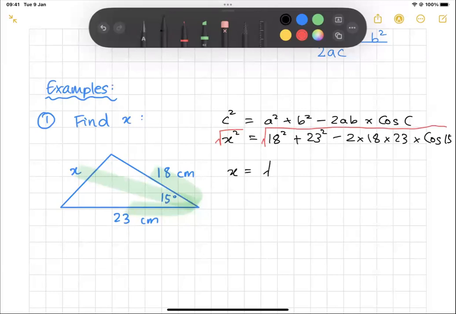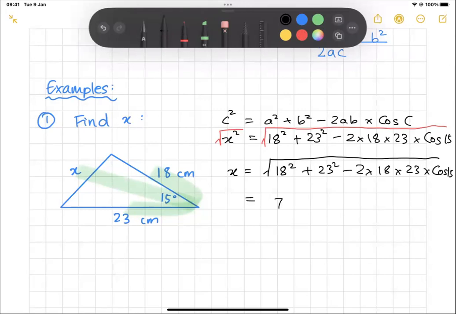Therefore, my answer will be x equals the square root of 18 squared plus 23 squared minus 2 times 18 times 23 times cos 15. Put that into the calculator and you should get 7.29 centimeters as my unknown side.